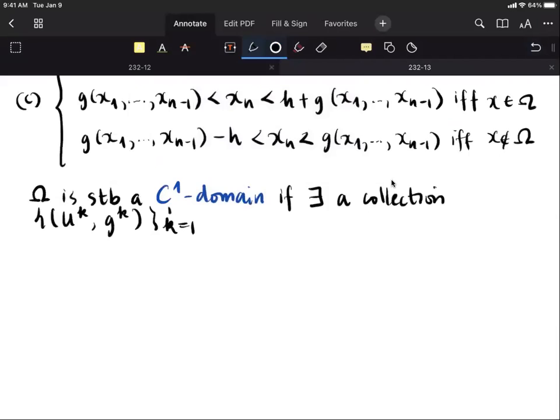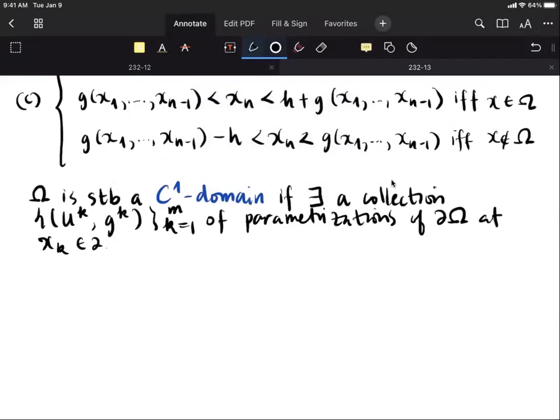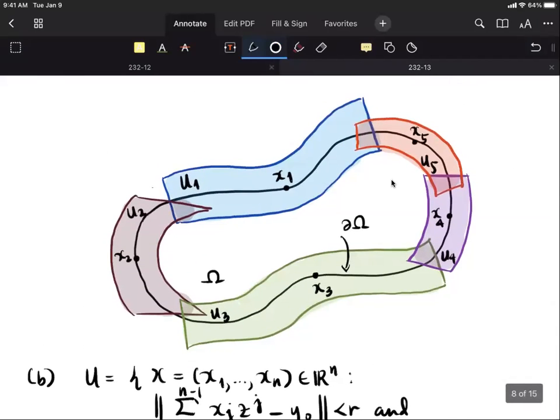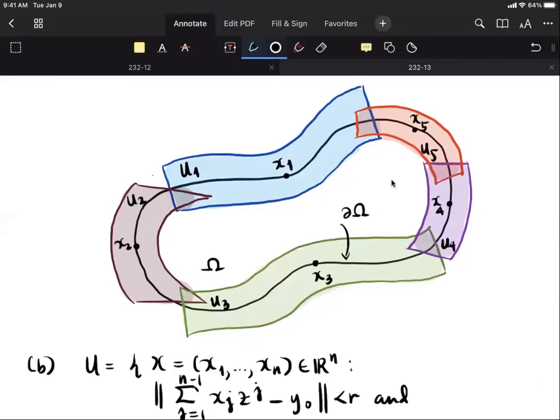Let's say M is the number of parameterizations of the boundary at the point x sub k, wherein this boundary is covered by these open sets, as visualized or as drawn in this figure. Okay, so there's still a missing point.